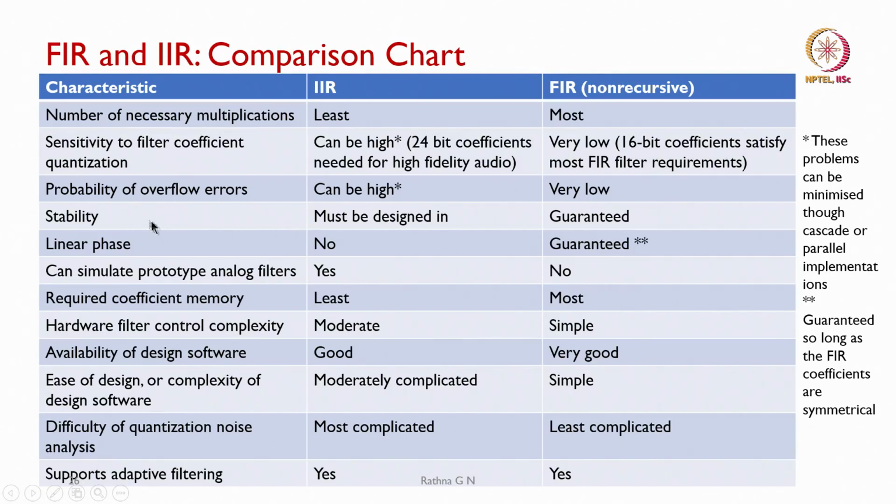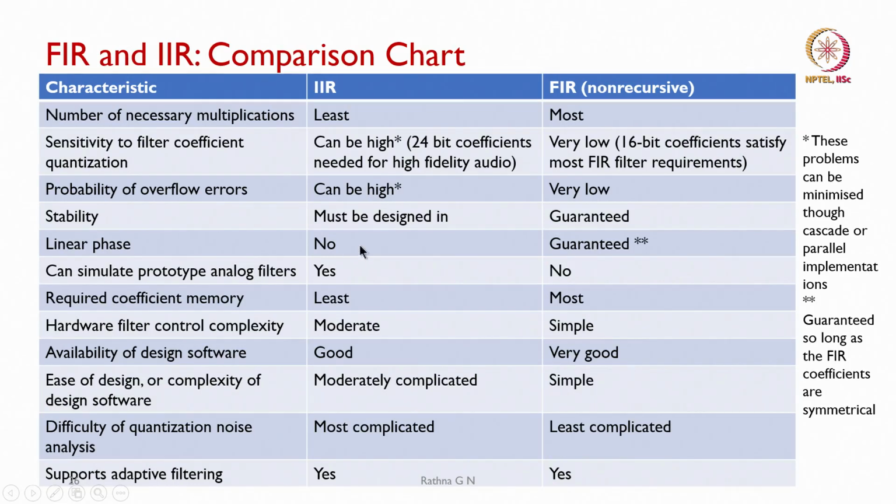The probability of overflow can be very high in the IIR case, while it is very low for FIR. Coming to linear phase, we do not have a direct method to implement it in the IIR filter, but nowadays you can try to impose linear phase over the IIR filter using software techniques, so you can go through the MATLAB functions.